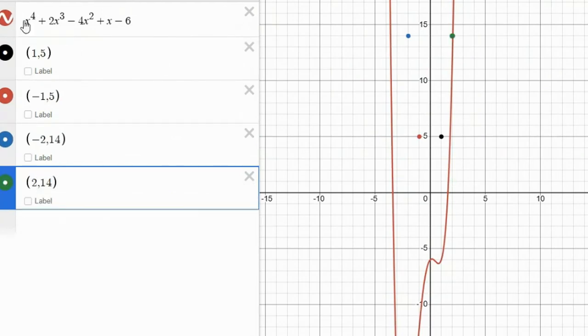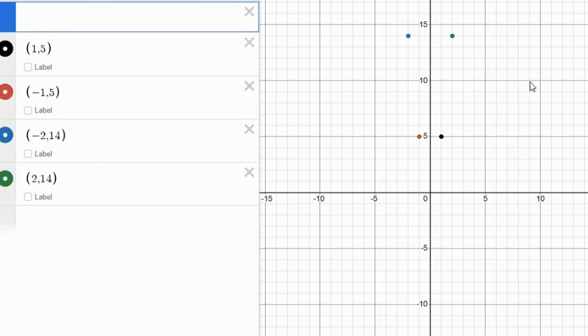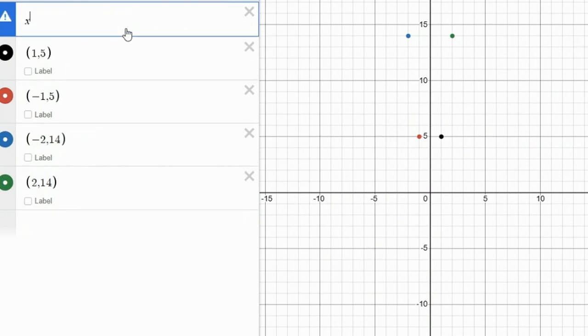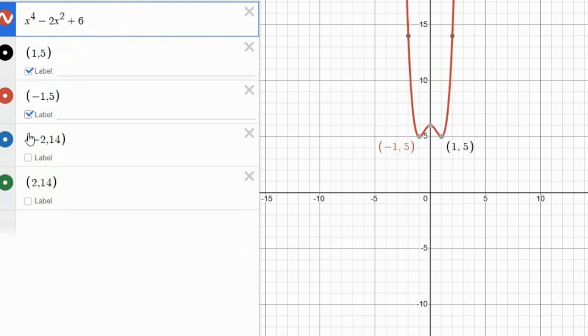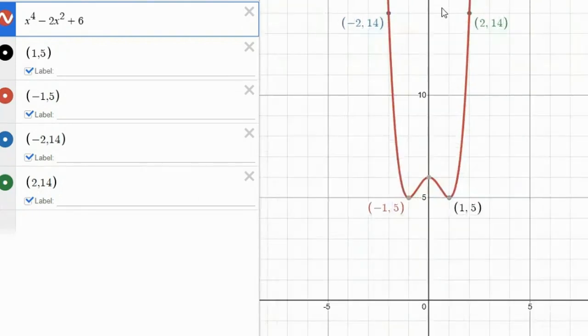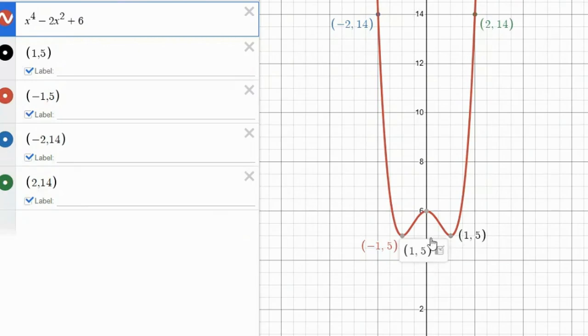So we're saying that our graph will go through all 4 of those points. And our equation that we're graphing is x to the fourth minus 2x squared plus 6. Well, by golly, it does go through every one of those. There it is. All those points are on the graph, so we must have done it correctly.